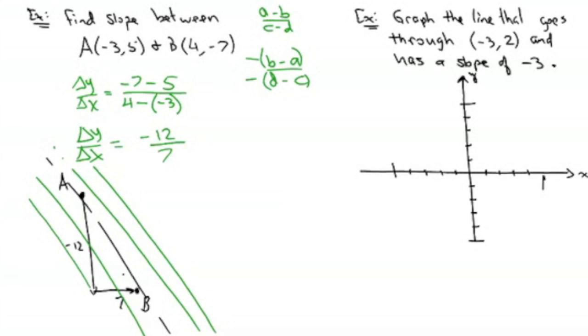How many could I draw? When you say a lot in math, you say infinite. So there's an infinite number of lines that have that slope, but once you fix one point, it becomes one unique line. So to make this a unique line, a slope of -3 is not going to cut it. There's an infinite number of lines that have a slope of -3. So where do I start?